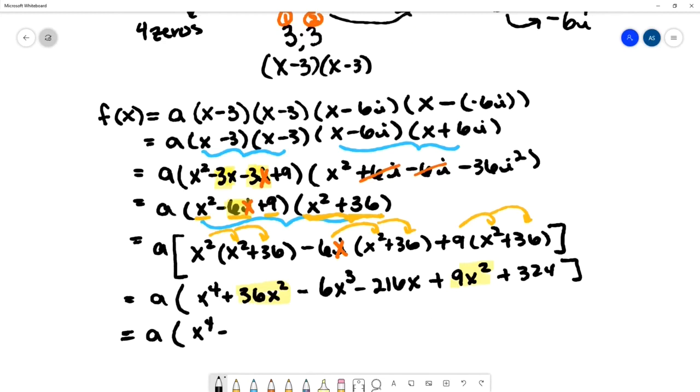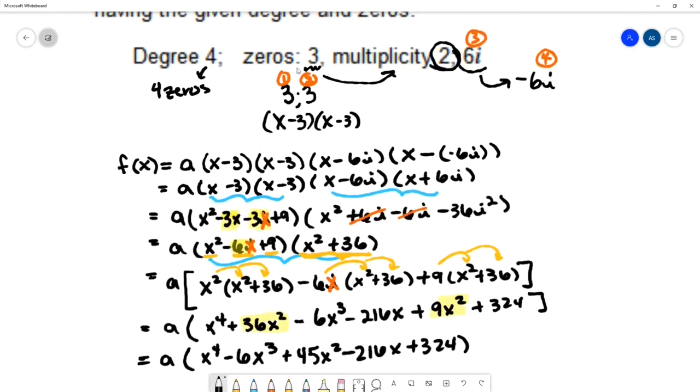So I have x to the fourth minus 6x cubed. 36 plus 9 would give me 45x squared minus 216x plus 324. So any multiple of this polynomial would give me these zeros that we listed above. It's a fourth degree polynomial with repeated zeros of 3 and zeros of 6i and negative 6i.